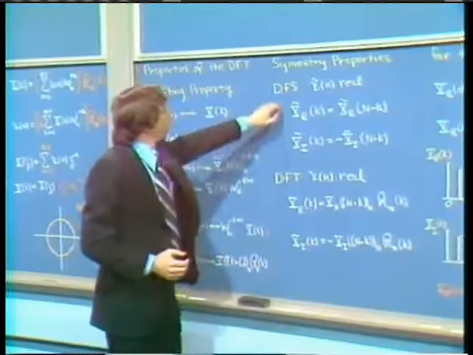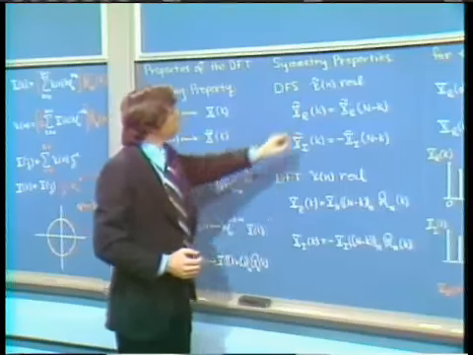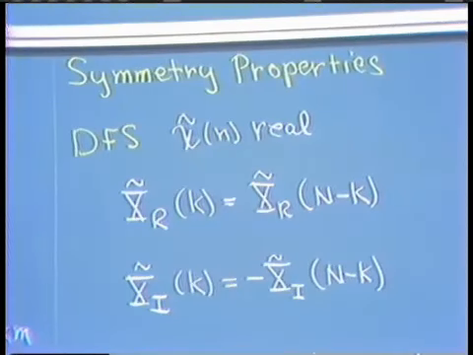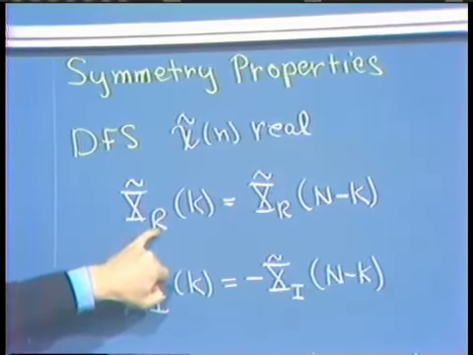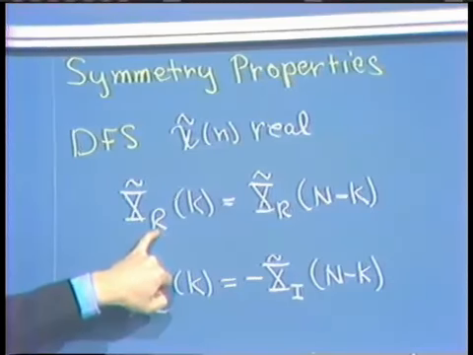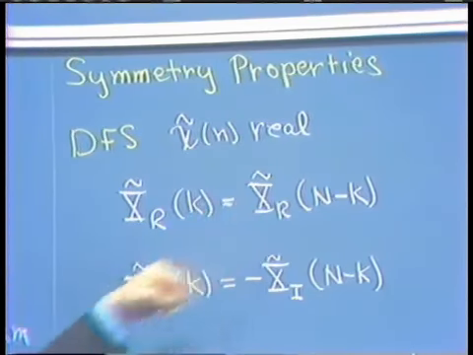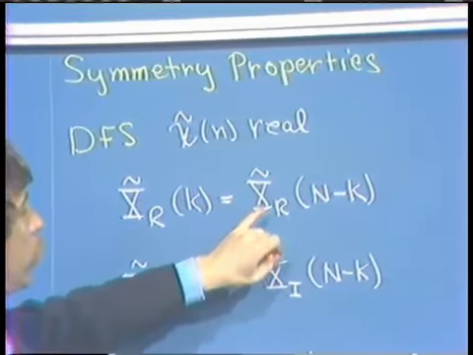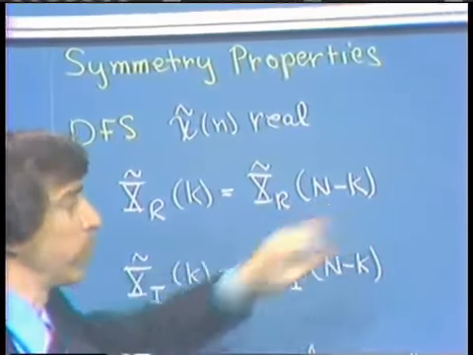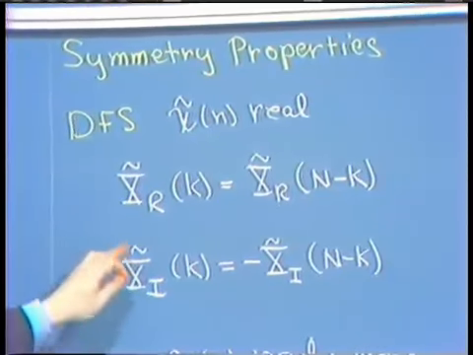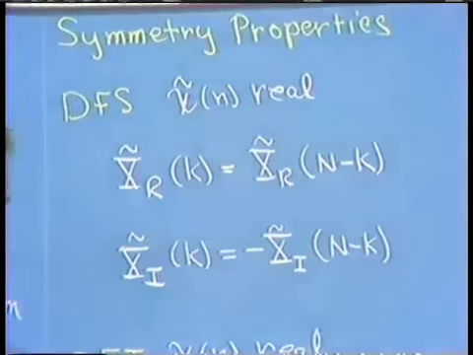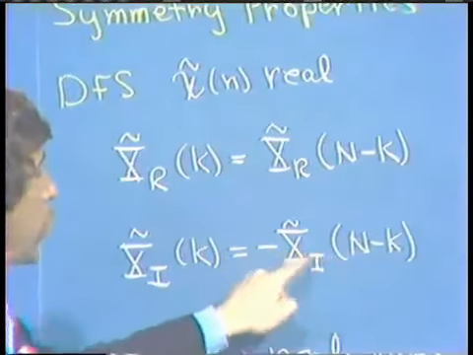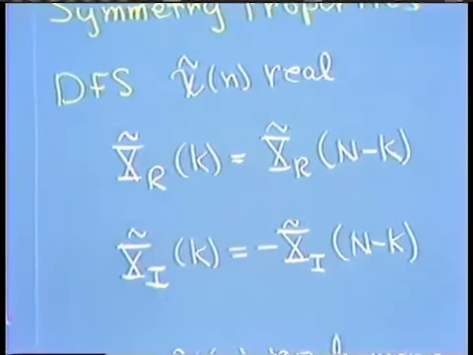I remind you that for the discrete Fourier series, for a periodic sequence that's real, we had the symmetry property that said that the real part of the Fourier series coefficients are even, and we wrote that in a couple of ways, one of which was to state that x sub r of k is equal to x sub r of capital N minus k, and the imaginary part of the Fourier series coefficients are odd, that is, they're equal to minus x sub I of capital N minus k.